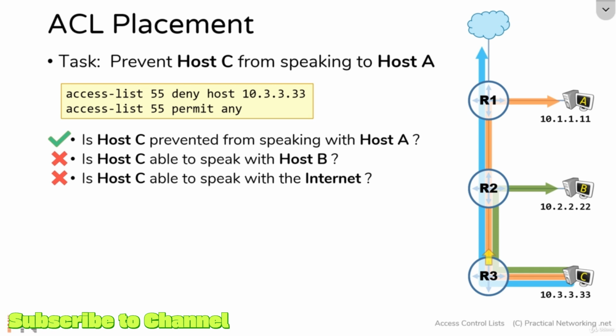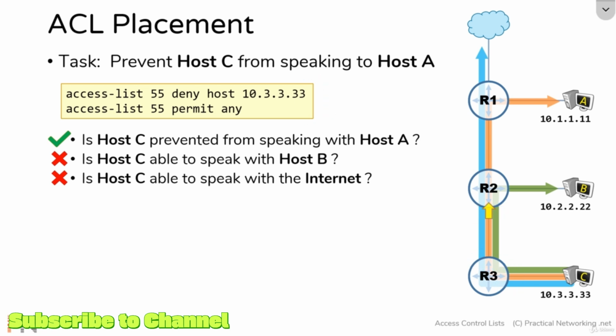If we move it to the next router interface in the path, since the path for host C to speak to any of these resources is still crossing our access list, we're going to end up with the exact same result. Host C cannot speak to host A, which is good, but host C is also unable to speak to host B or the internet, which is bad.